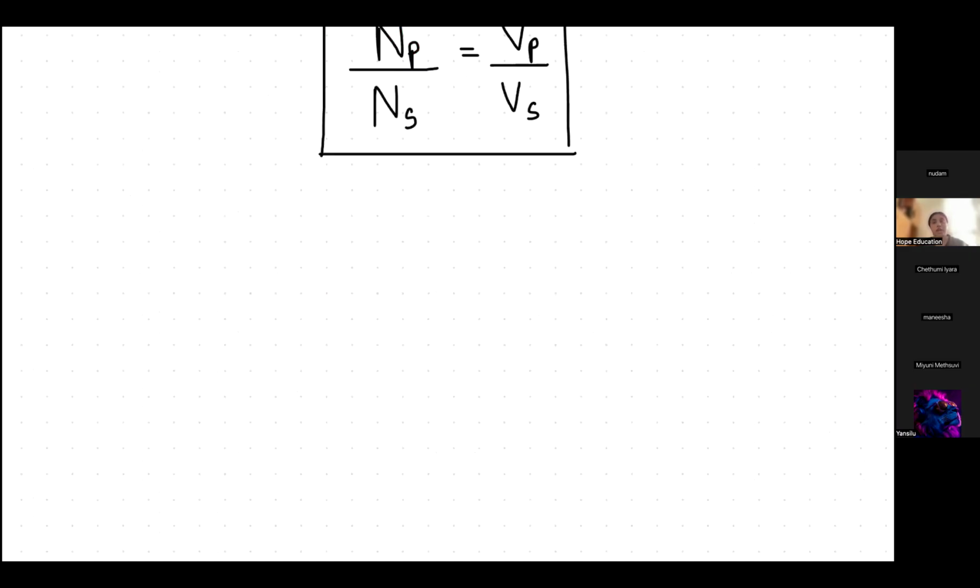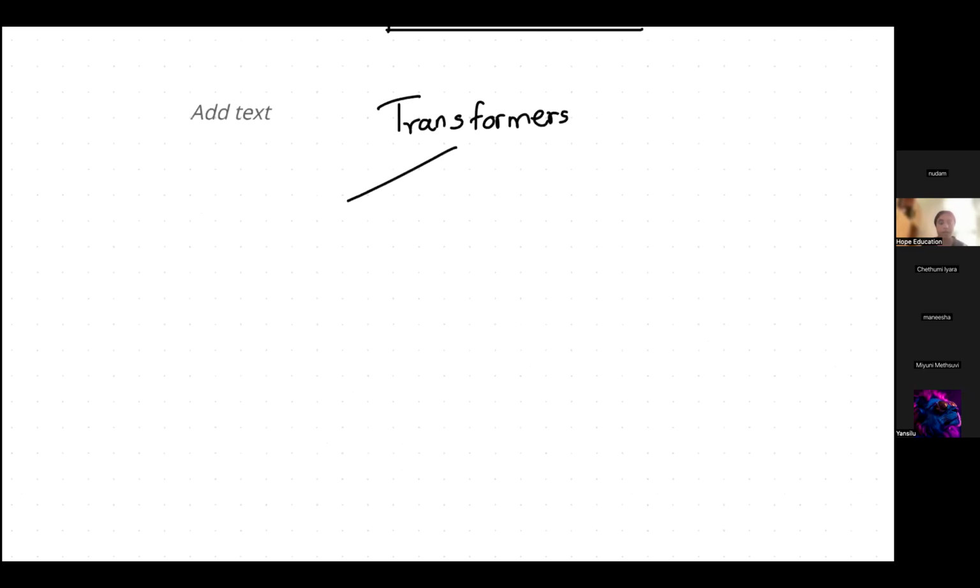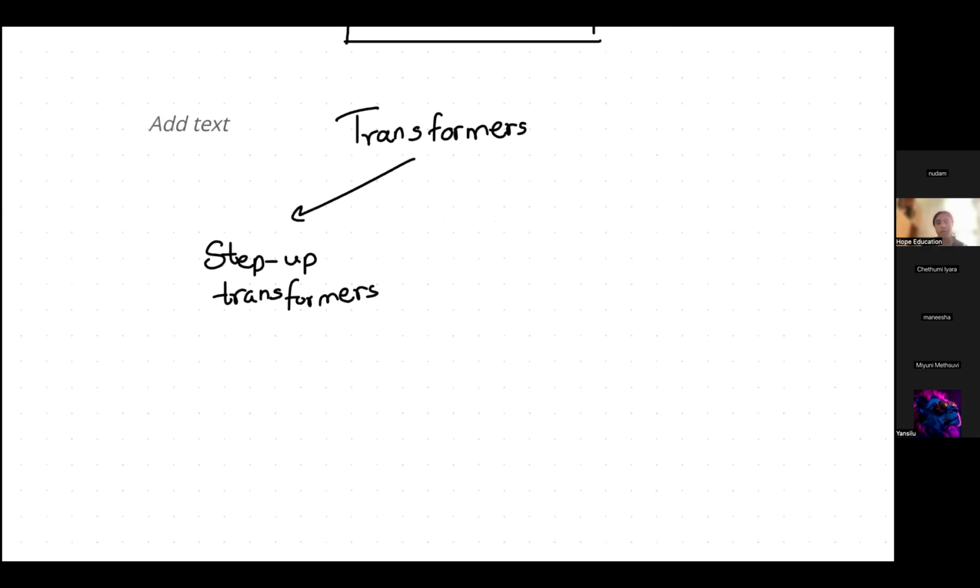Now, there are two types of transformers, right? There are step up transformers, and then there are step down transformers.